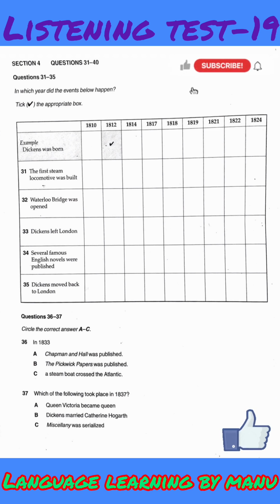Section 4. You are going to hear a talk on the writer Charles Dickens, given by a university lecturer to a group of students. First, look at questions 31 to 35. Note the example that has been done for you.